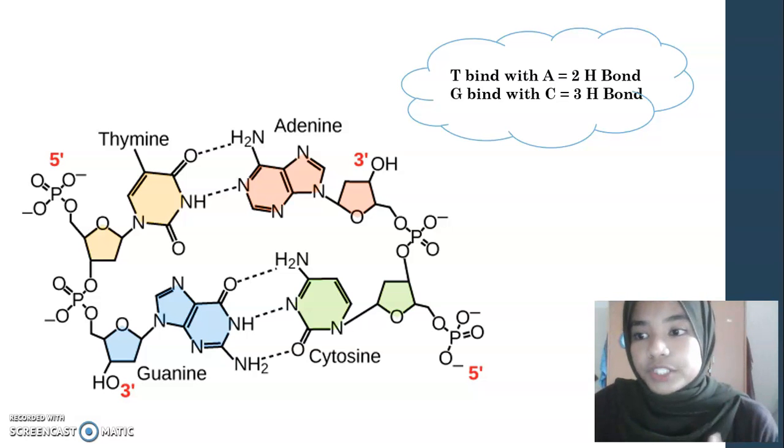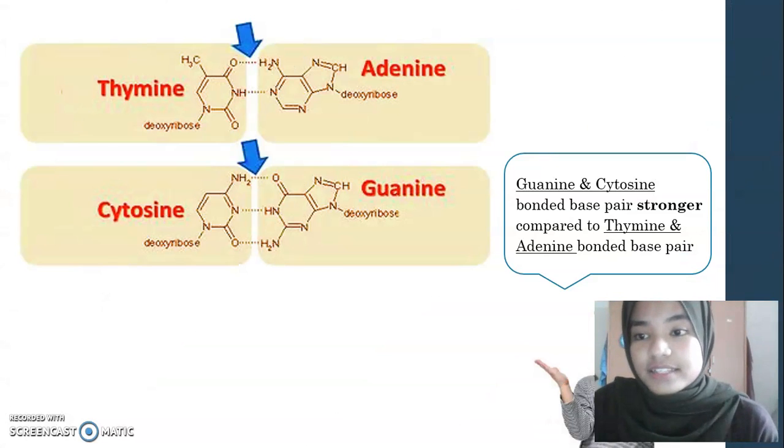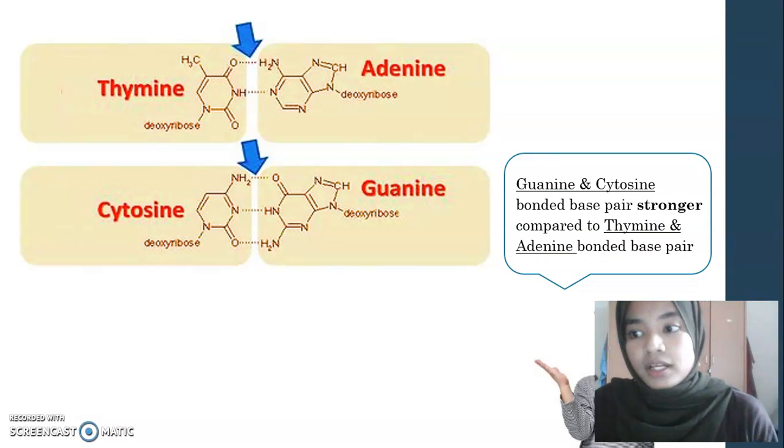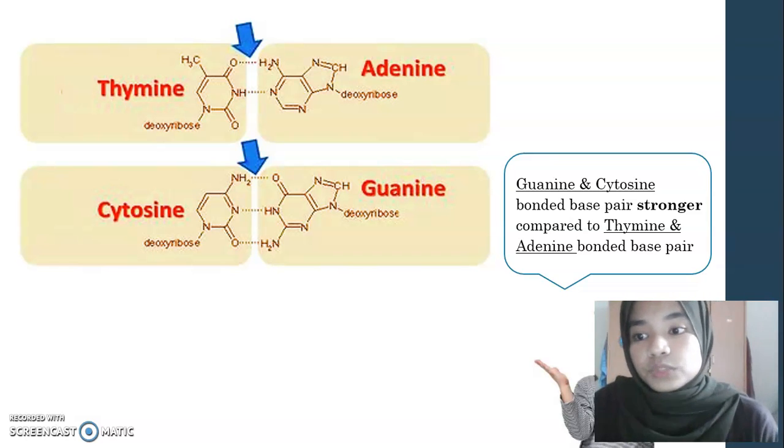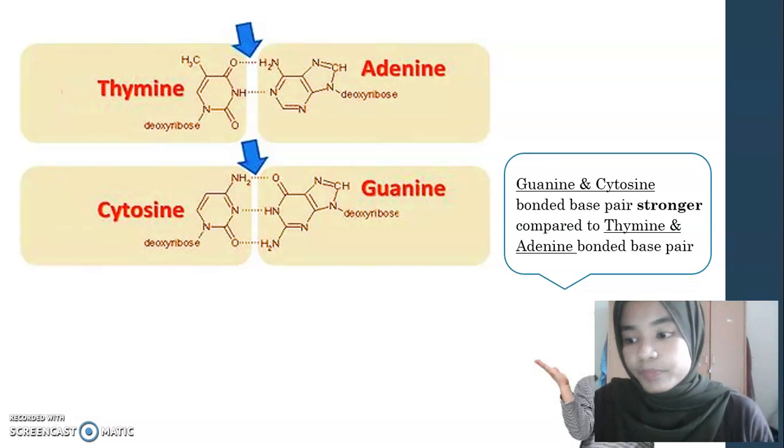For your information, the guanine and cytosine base pair is stronger due to the 3 hydrogen bonds between them, as compared to the thymine and adenine base pair, which only has 2 hydrogen bonds, as you can see.